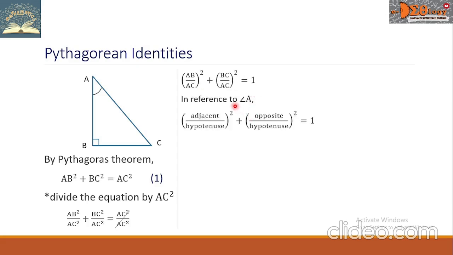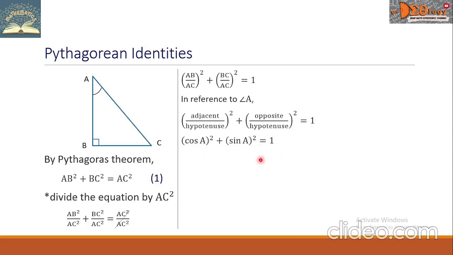Now in reference to angle A, AB over AC is adjacent over hypotenuse, that is squared, plus BC over AC is opposite over hypotenuse, that is squared, then equals 1. Remember that adjacent over hypotenuse is cosine A, that is squared, plus opposite over hypotenuse is sine of A, that is squared, equals 1.